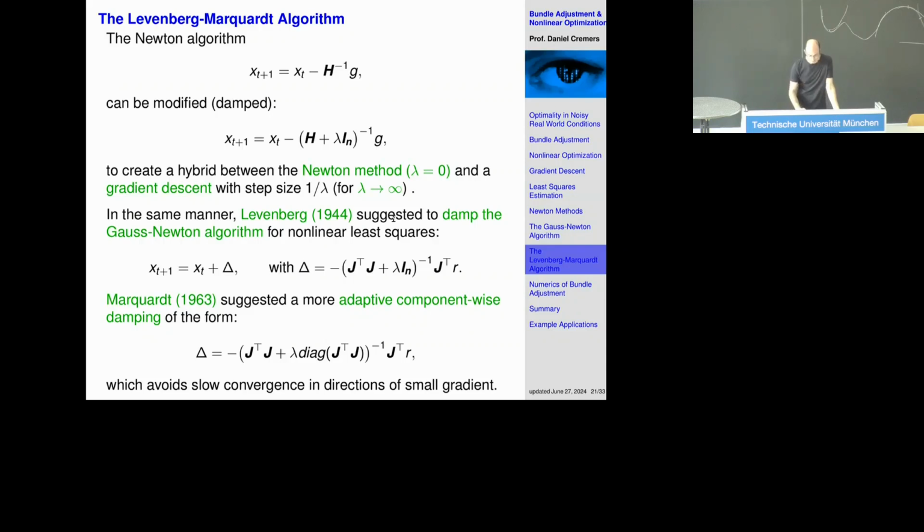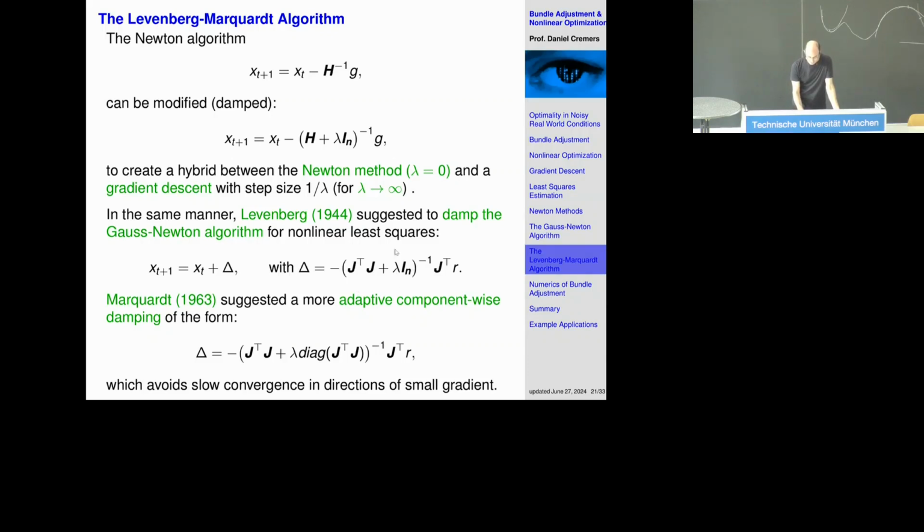As I mentioned, Levenberg in 1944 and then Marquardt in 1963 devised damped versions of the Gauss-Newton method. So here the Gauss-Newton approximation, J transpose J, as an approximation of the Hessian, where J is the Jacobian, the first derivatives of the residual.